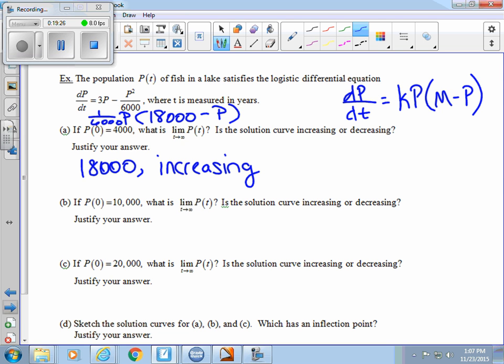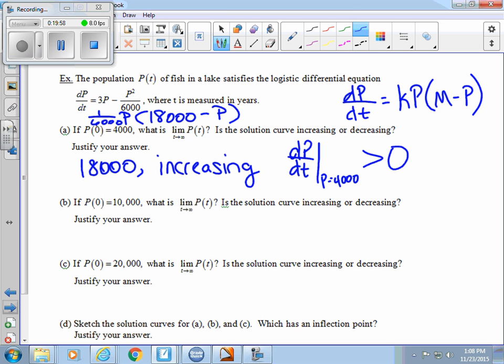Justify. I don't want to just say because I'm less than my limiting factor. But since we have an initial value of 4,000 being the population, this curve starts out at 4,000, right? So what is dp dt at p equals 4,000? It's greater than 0, right?